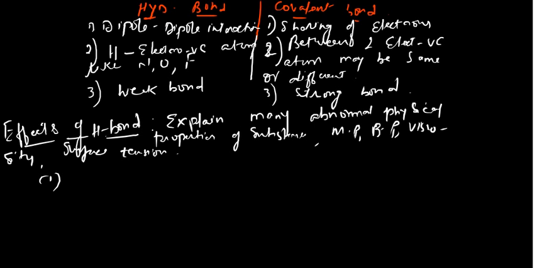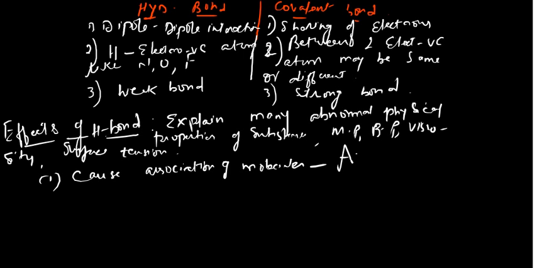One thing we have discussed earlier is that hydrogen bonding will cause association of molecules. Due to this association of molecules, we have seen in the previous lecture one important effect in carboxylic acids: acetic acid exists as a dimer.